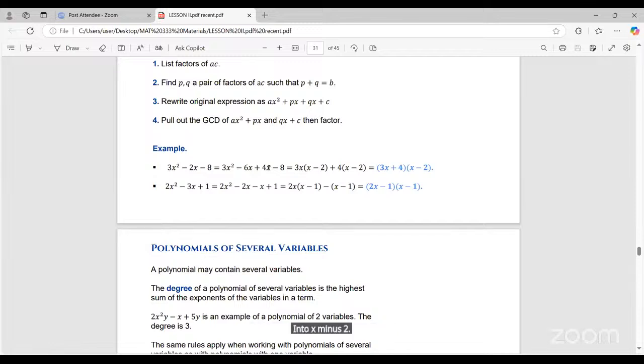Then I have 4 being common in the second pair, just 4 into x minus 2. So this will give us (3x plus 4)(x minus 2). So we have proven that we have factorized.